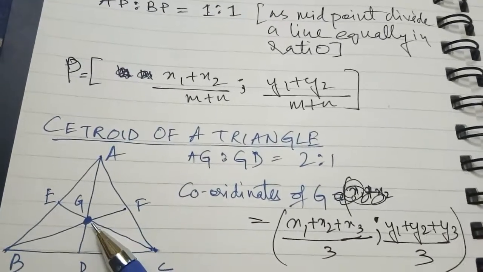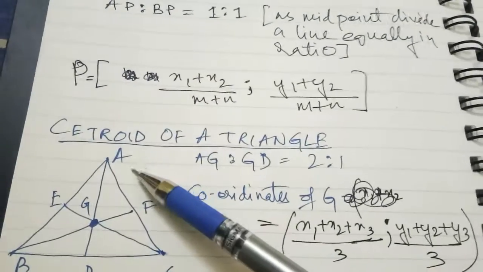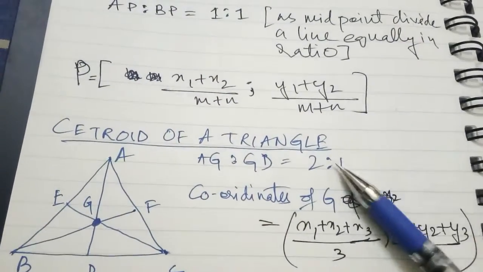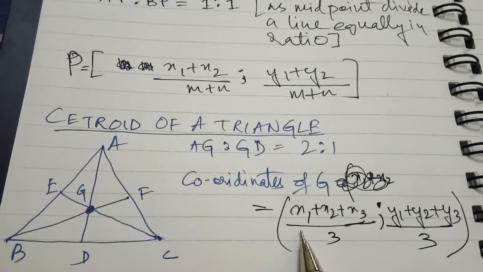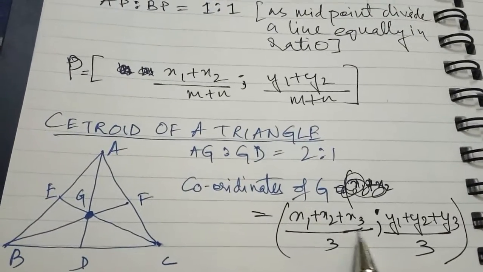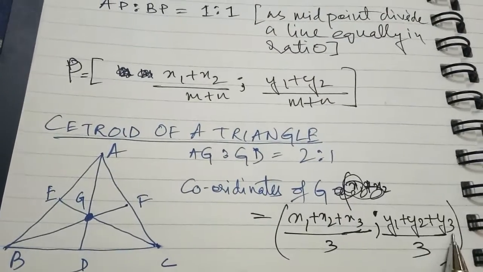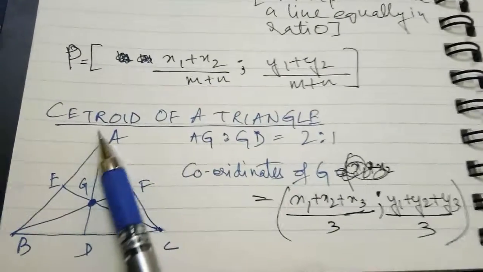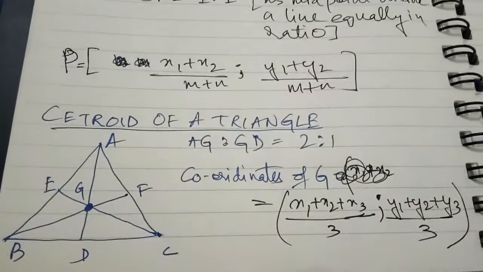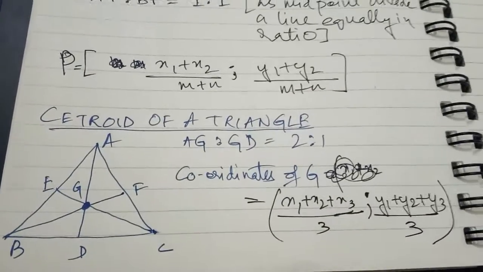The centroid is written here as G. Then AG is to GD, we know this line is divided in the ratio 2:1. The formula will be x1 plus x2 plus x3 by 3, y1 plus y2 plus y3 by 3. This is the formula only for the centroid of a triangle.